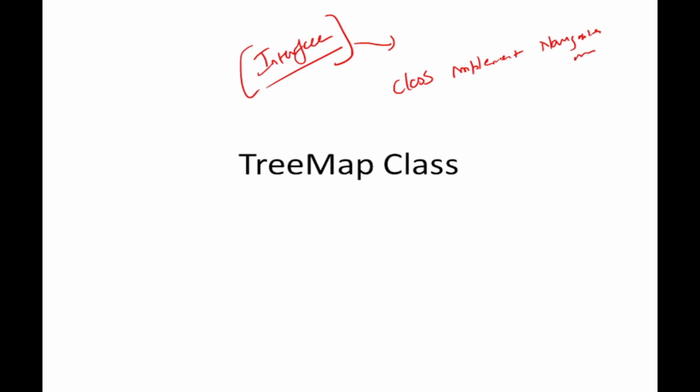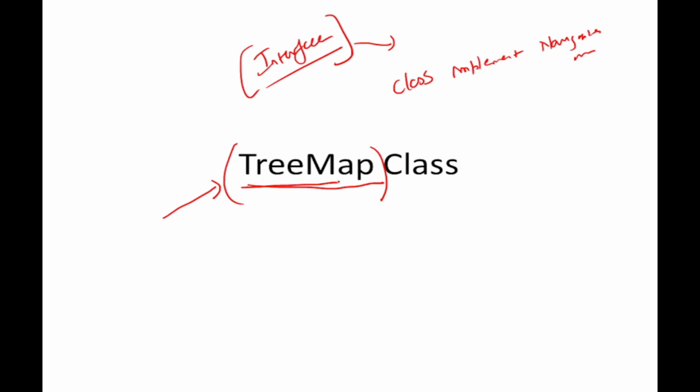To use all these methods, we have the TreeMap class. TreeMap actually implements navigable map. TreeMap is the concrete class with implementation for all our methods in map, sorted map and navigable map. So if you want to use those methods, you should create an object of TreeMap and then invoke those methods.